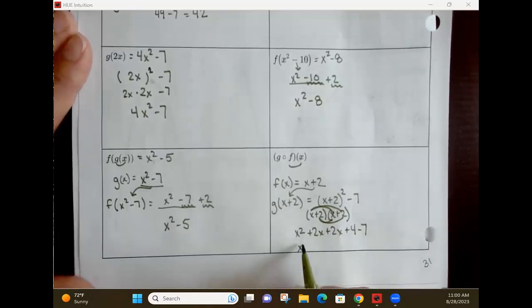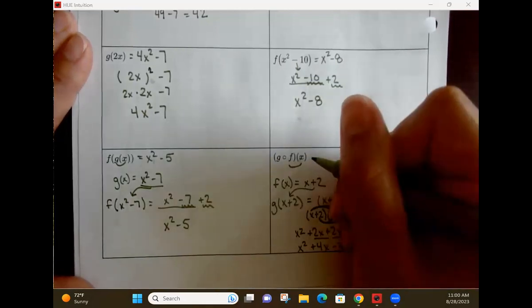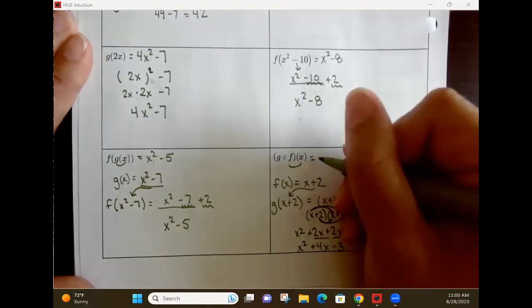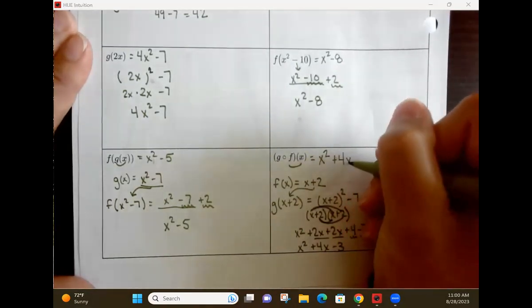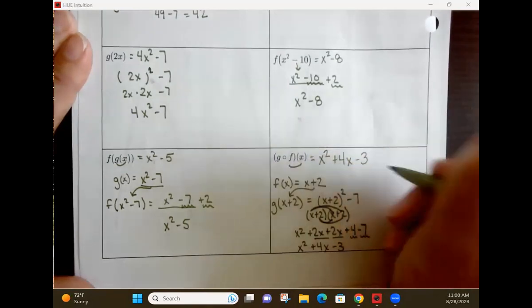So this would give me x squared plus 4x, and then 4 and negative 7 would be minus 3. So g of f of x is x squared plus 4x minus 3.